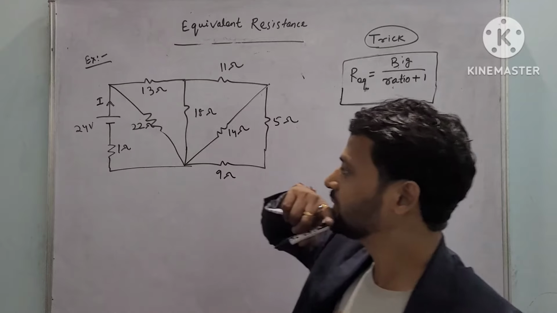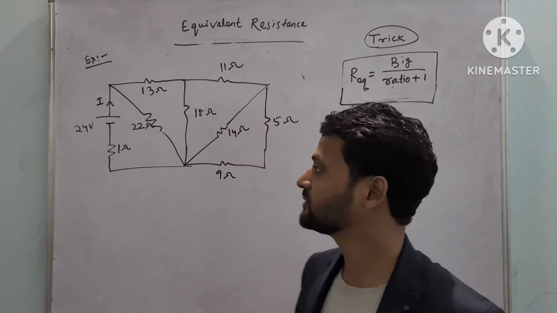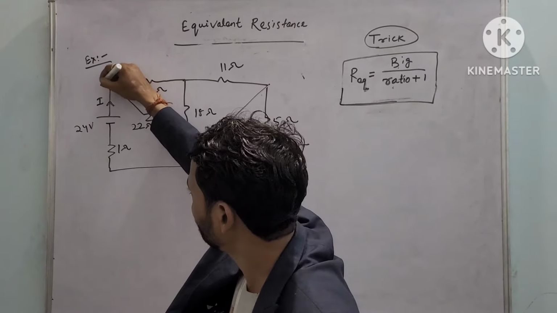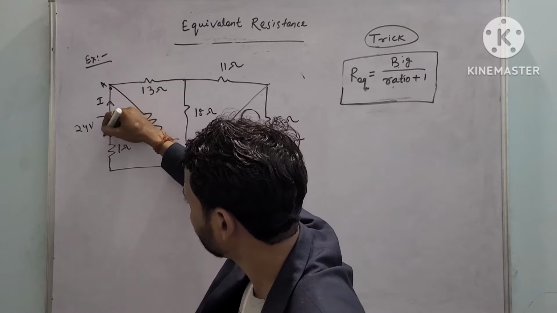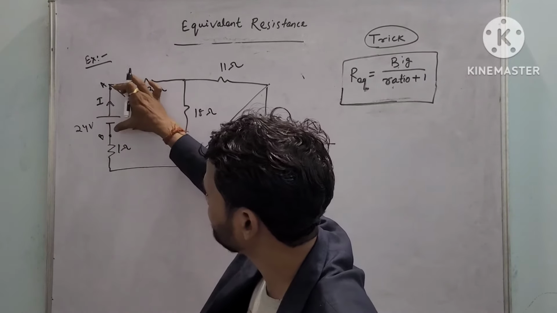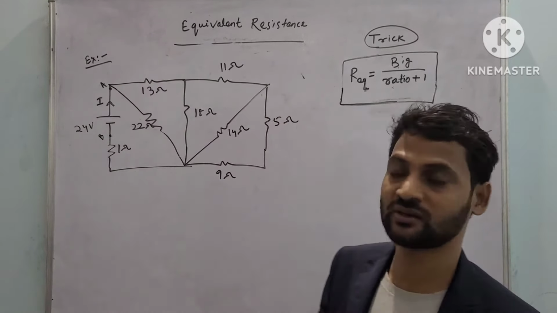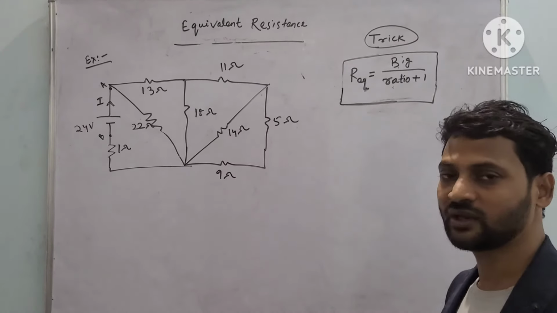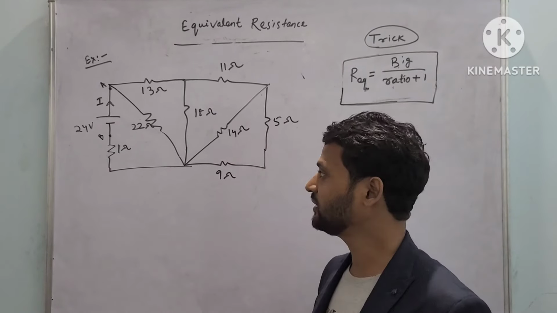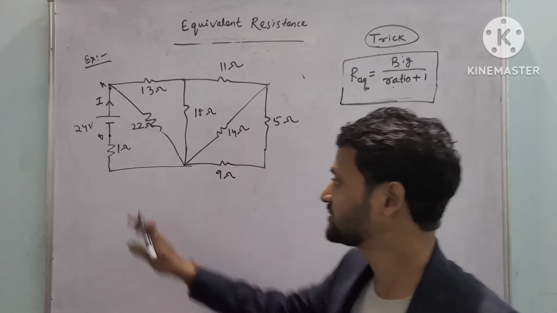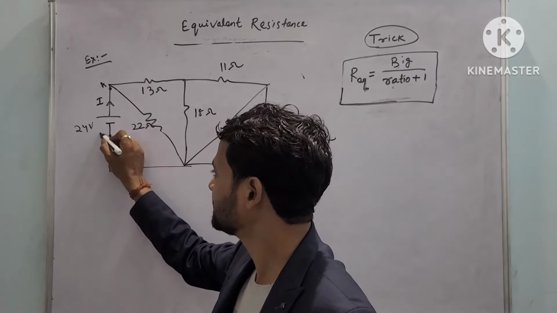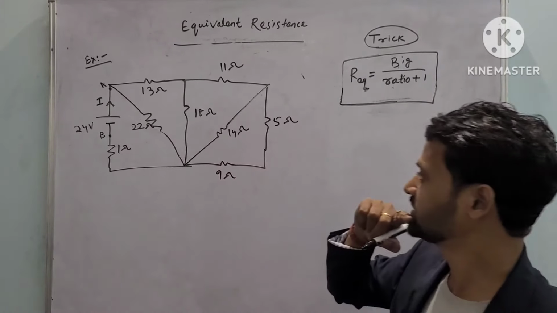So before that we'll find out the equivalent resistance across the 2 points of the supply. Let there be 2 points A and B. So across A and B we'll find out the equivalent resistance. Then we can apply Ohm's law, that is current is equal to voltage upon resistance.